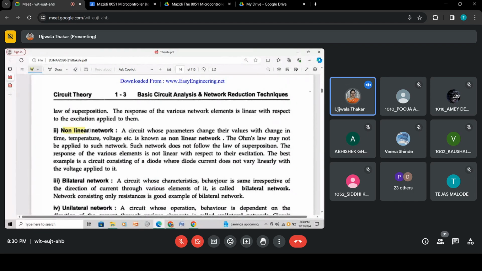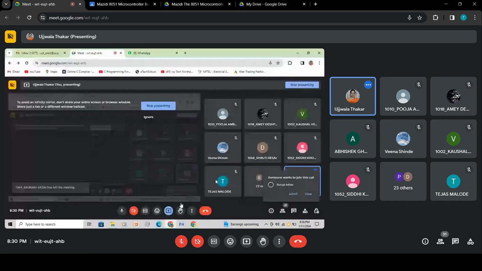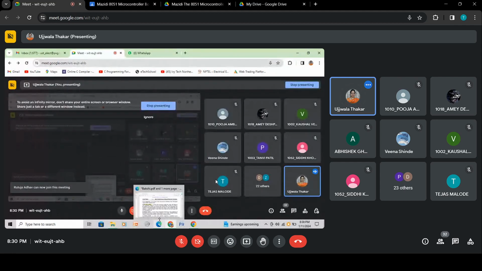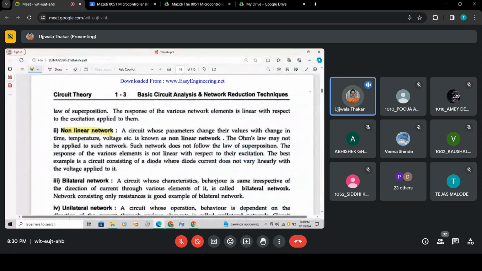And what is a non-linear network? The circuit whose parameters change their values.